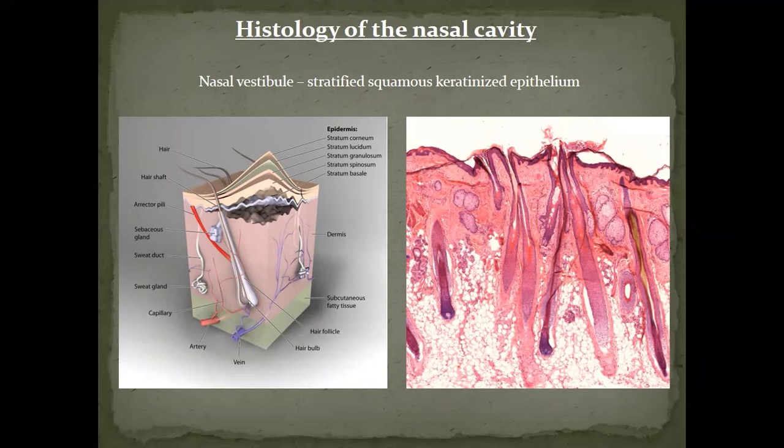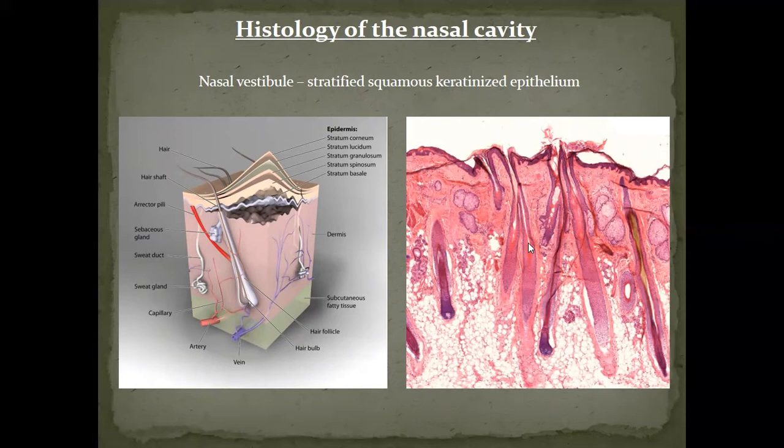Squamous means that the uppermost layer consists of squamous cells, and keratinized means that on the top of the epithelium, as the most superficial layer, we have a keratin layer, which is actually the dead epithelial cells.